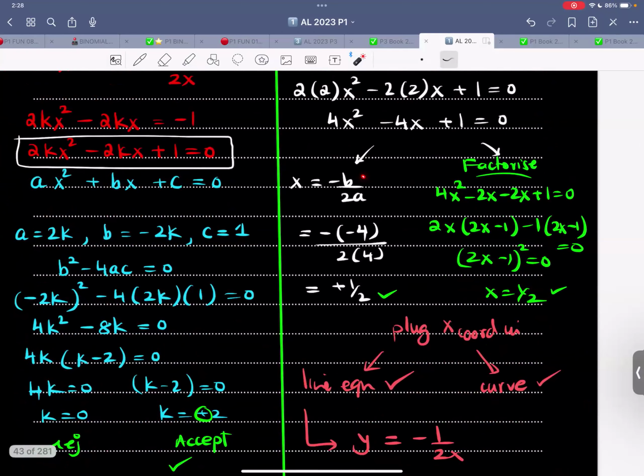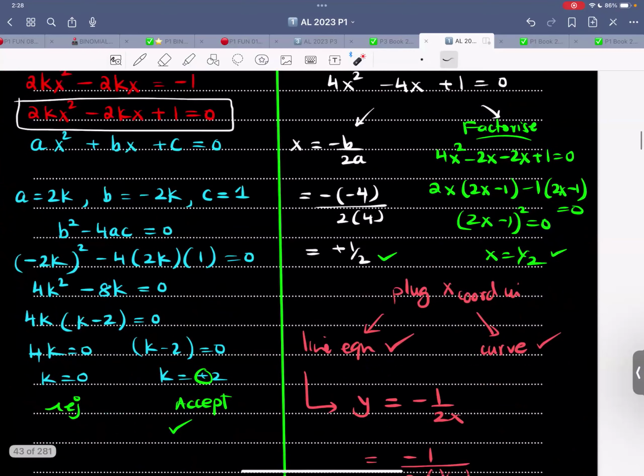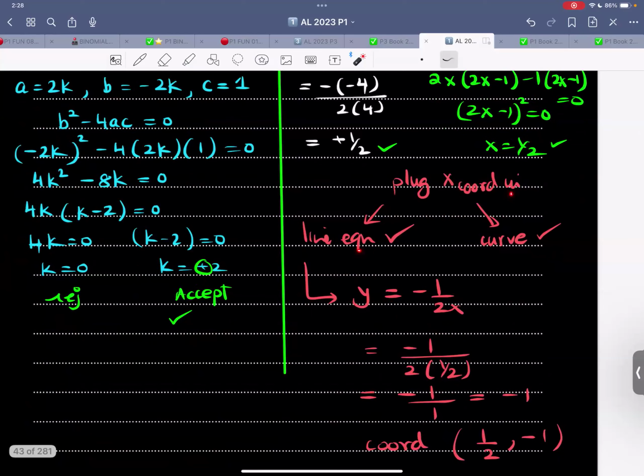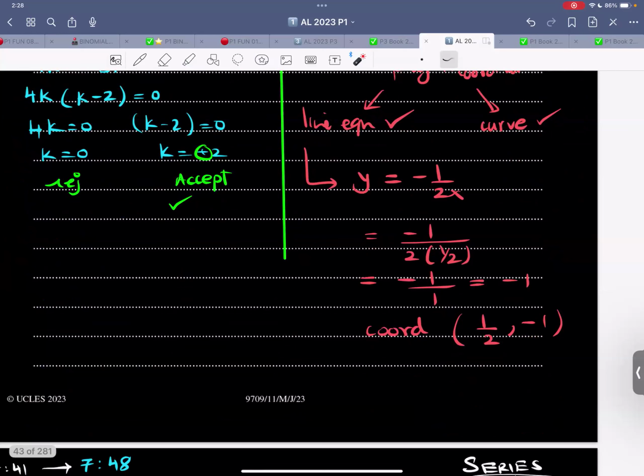I plug in minus b over 2a, I get half. If I don't want to do this, I can just go ahead and factorize and I get x is equal to half. Plug the x coordinate in either the line equation or the curve equation, whichever you feel is simpler, and you find the y coordinate. Therefore, the coordinate is half and negative 5.